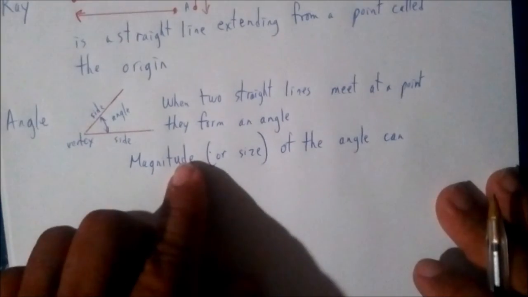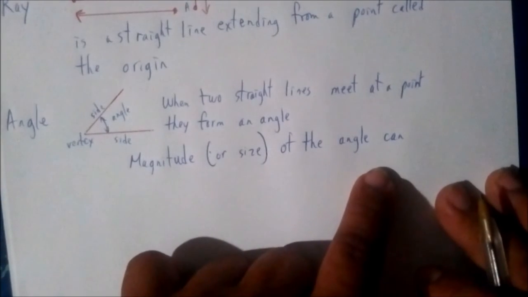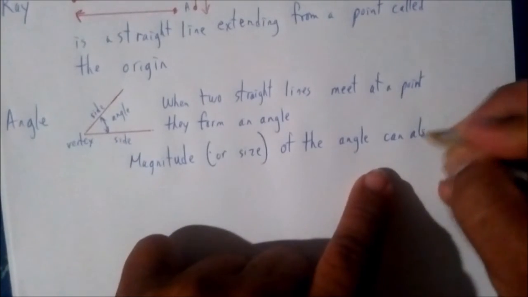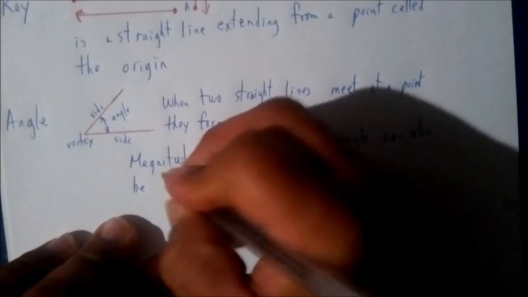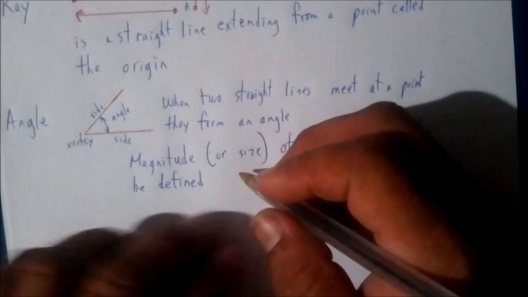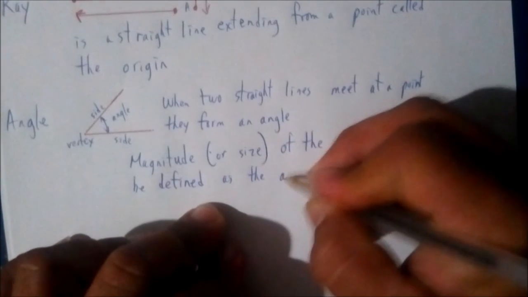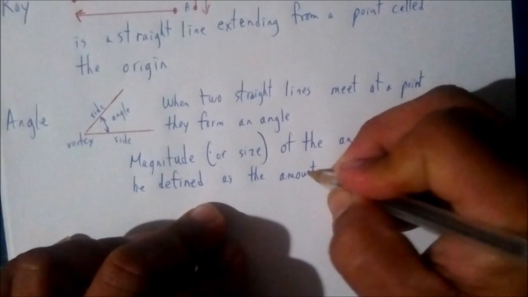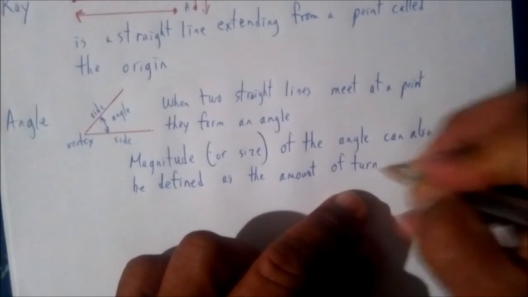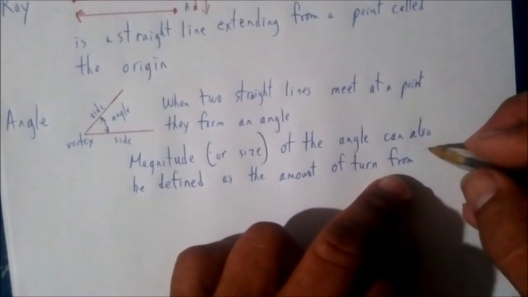All right, so the magnitude, that's the space in between, or size of the angle, can also be defined as the amount of turn from one line.